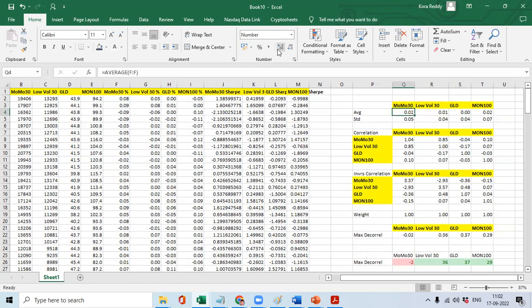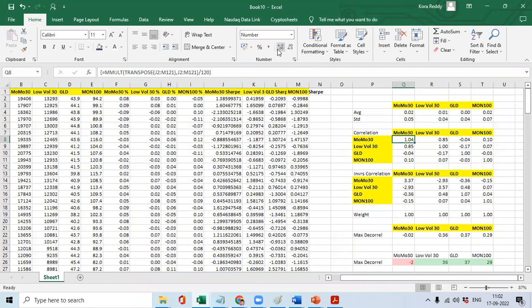And then your standard deviation. So you get your Sharpe for these 4 instruments, and then the overall array. You calculate a correlation matrix on top of that Sharpe array.